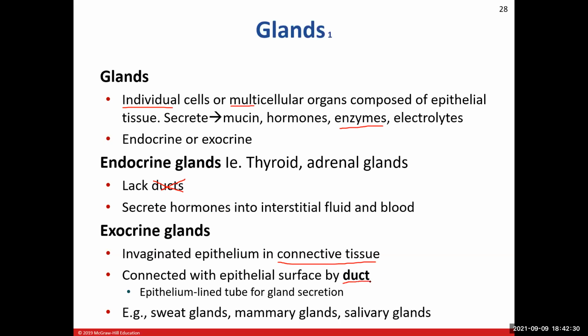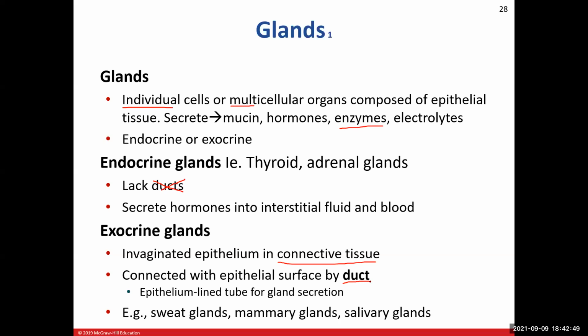So the part of the gland that secretes is down in the connective tissue, and then the duct travels all the way through the connective tissue up to the epithelial surface, so the secretions can make it onto the surface.